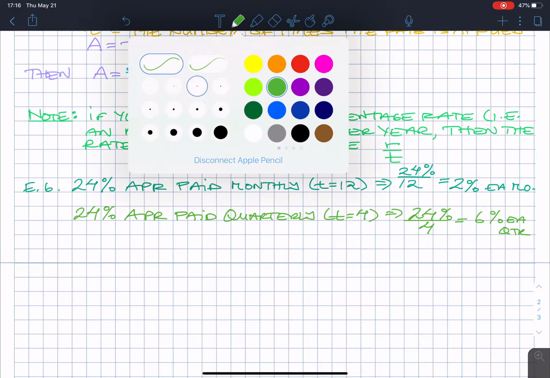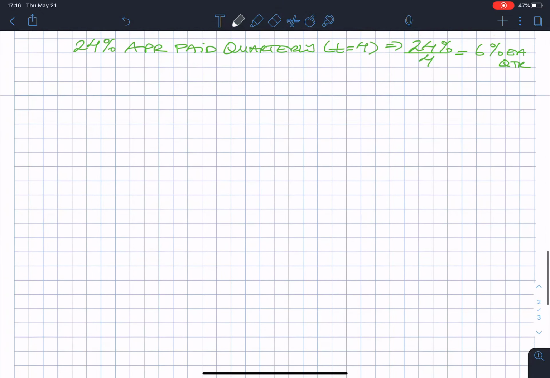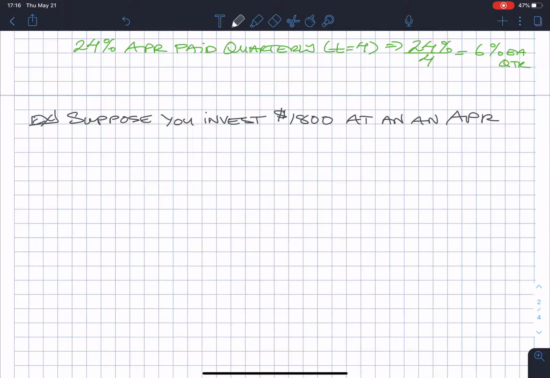Okay, so for example, suppose you invest $1,800 at an APR of 12% paid quarterly.